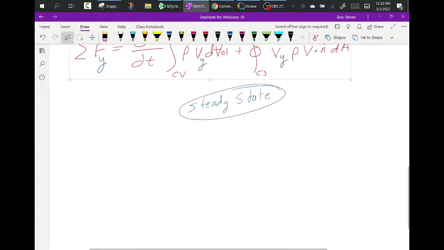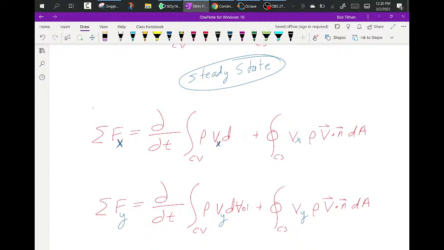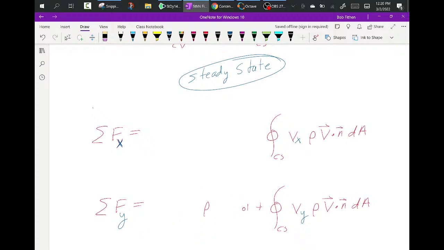Copy, paste, but now guess what? Those terms are gone because it's steady state. And use the magic of the copy, I can just put them up there.